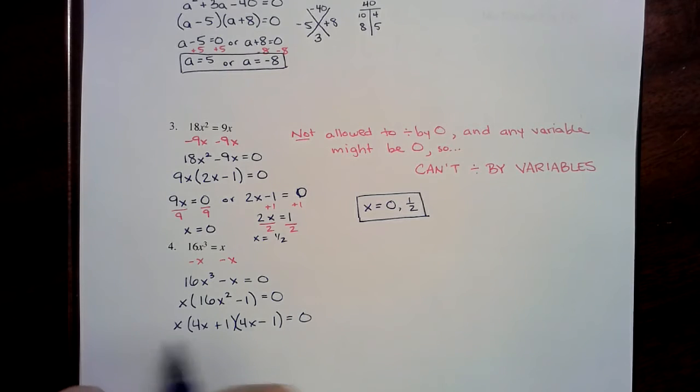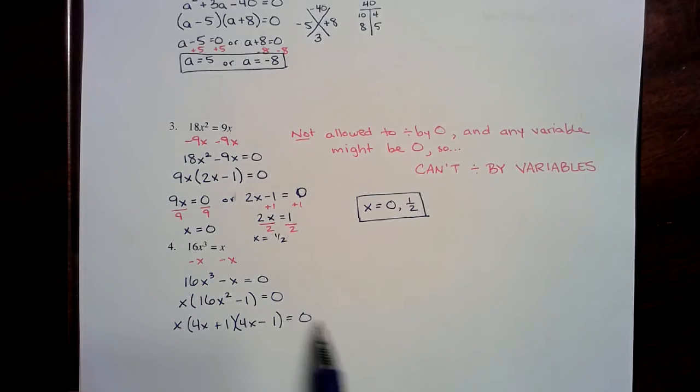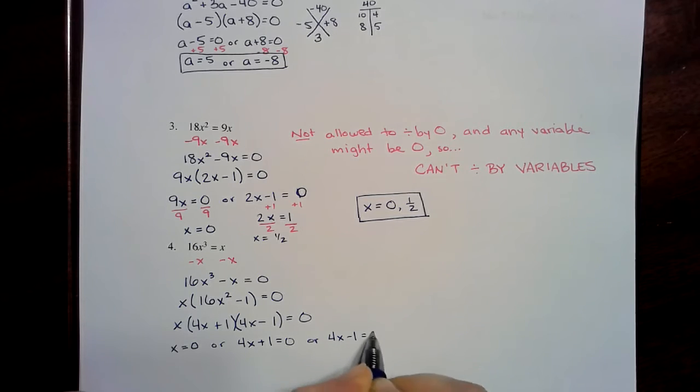So now that I have this fully factored, now instead of two things multiplied together equaling 0, I have three things multiplied together equaling 0, but I solve it the same way. Either x is 0 or 4x plus 1 is 0 or 4x minus 1 is 0.